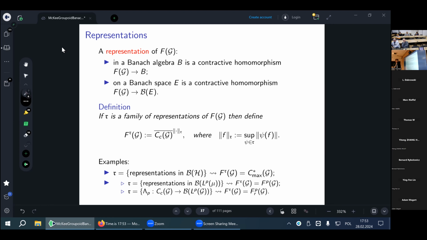So just a comment here. This isn't immediate because of the way this is defined: the representations have to be contractive in a different norm on C_c(G). So our representations have to be contractive in our max norm.